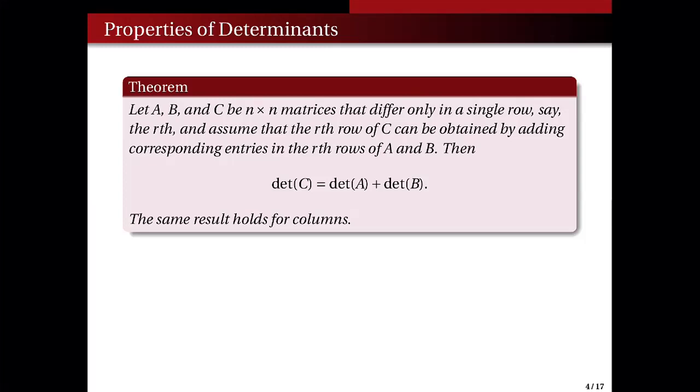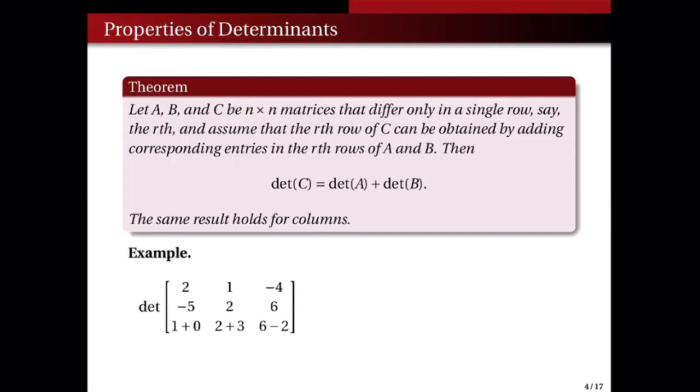So how is this? Let us look at this particular example to understand the theorem. This is your C. You have 2, 1, negative 4, negative 5, 2, 6, and then here you have 1, 5, 4.